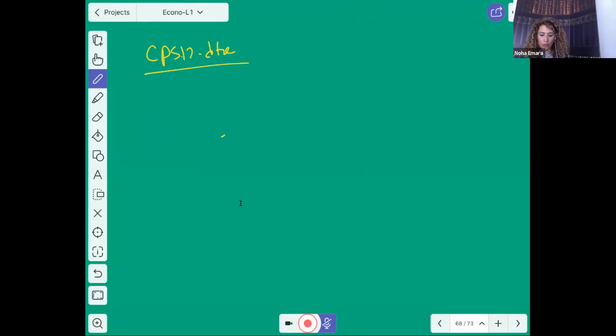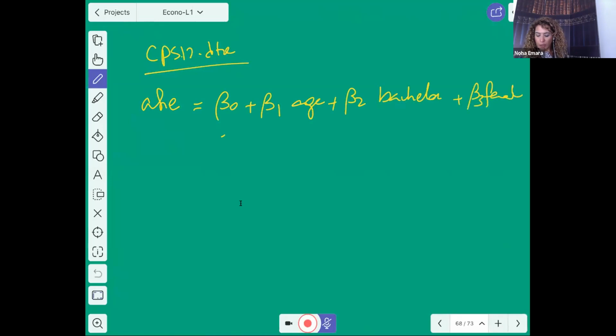In this model, we have the average hourly earning as a function of beta naught plus beta 1 age plus beta 2 bachelor plus beta 3 female, and of course we have an error term. We need to regress this model in Stata, and after we regress it, we need to check multicollinearity.